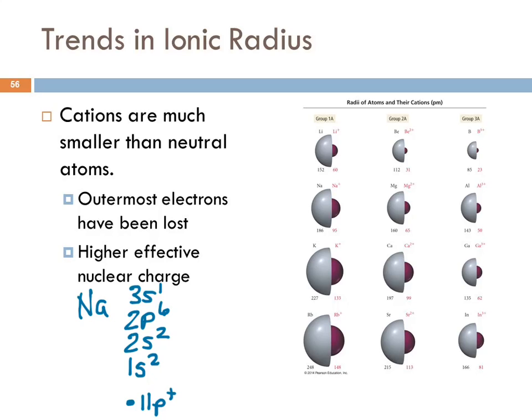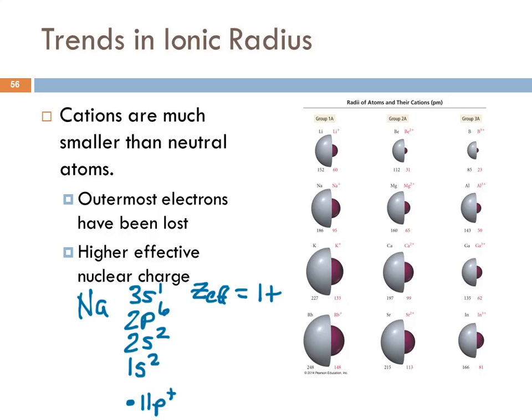When we make the ion, we get rid of this one. Well, actually, before I do that, what's the effective nuclear charge for this 3s electron? It'll be 11 minus the core electrons. There's 10 of them. So that has a Z effective of 1 plus.